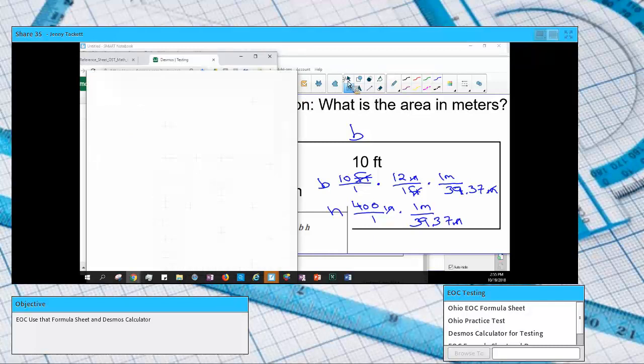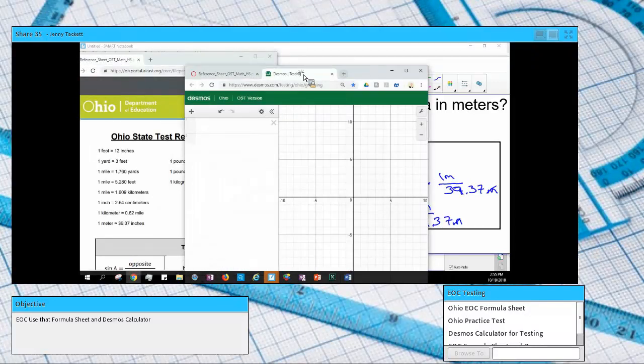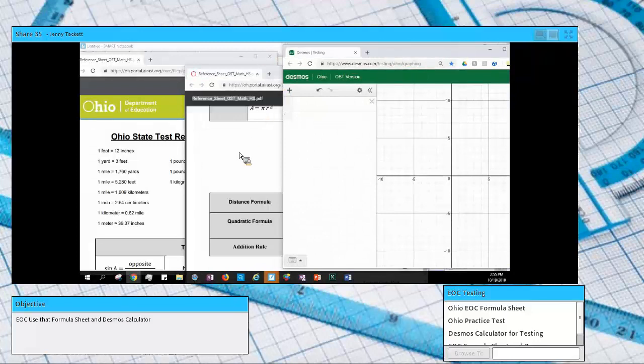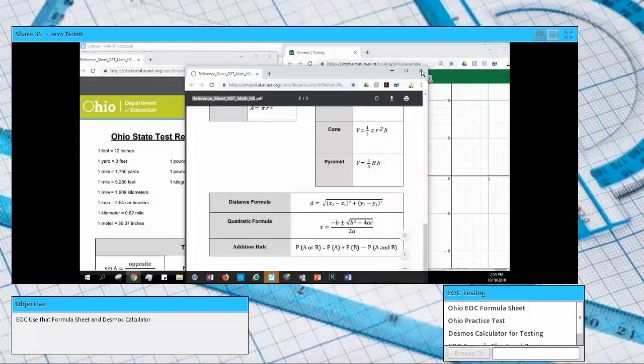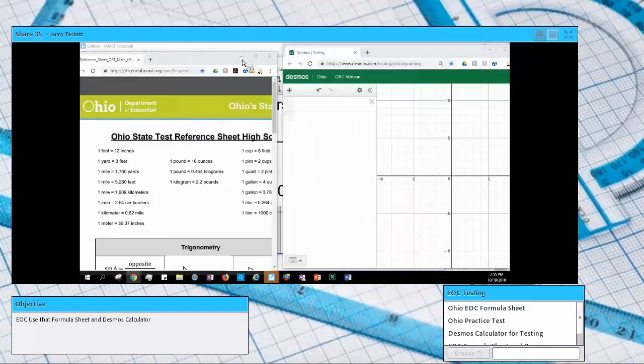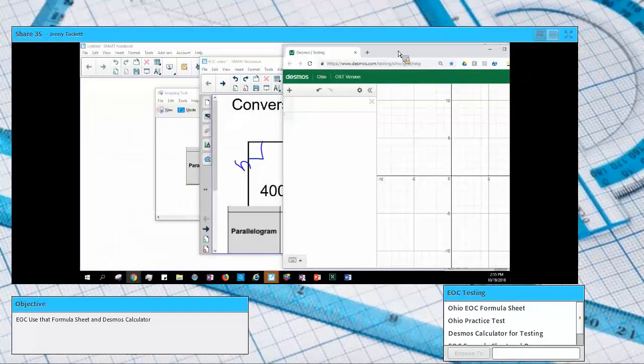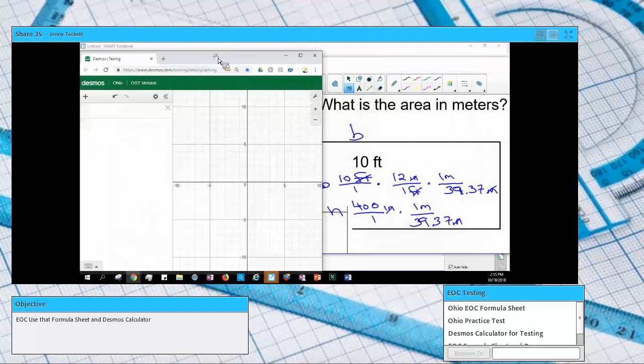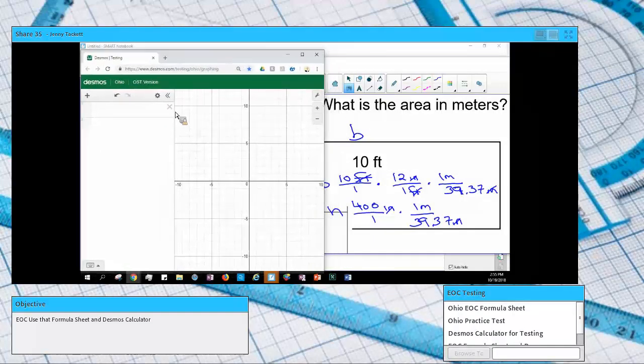And notice too that I'm not using my tabs the way we sometimes do, which is piling things up. I'm separating this out.